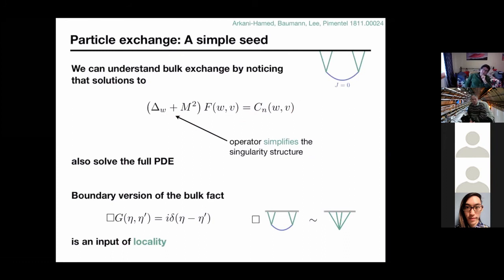And you can think of this fact that this thing collapses into a contact correlator as the boundary version of the bulk fact that if I act on the Green's function with box, then I get the delta function. So you can really think of this thing as like box, and then what I'm generating is a contact correlator like that. And this is really an input of locality. The existence of some operator that simplifies the singularity structure you can think of as a reflection of bulk locality. Okay.